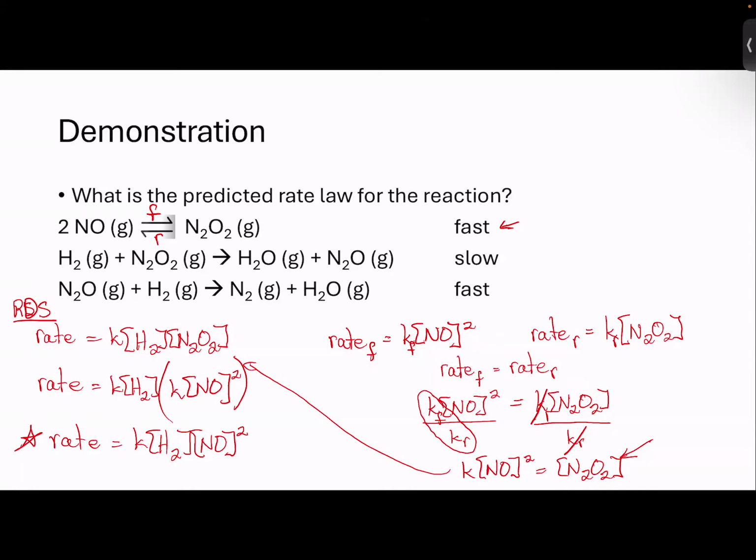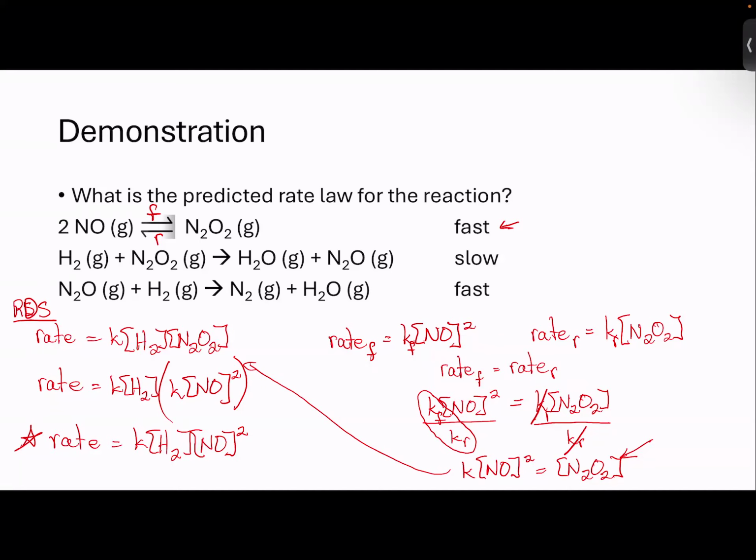So again, the trick. You write the rate law for the rate determining step. But because you're not allowed to have intermediates, you have to figure out where that intermediate came from. That intermediate came from the first step, which just happened to be a fast step that's in dynamic equilibrium.